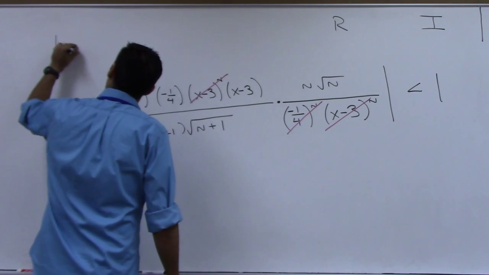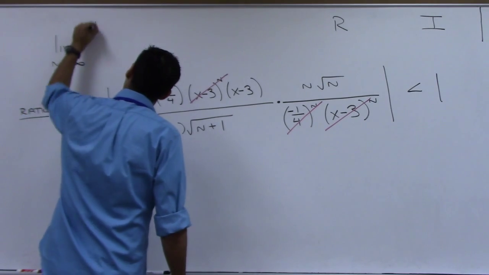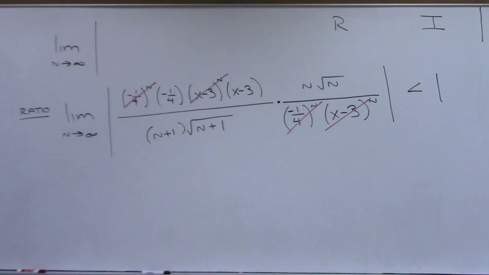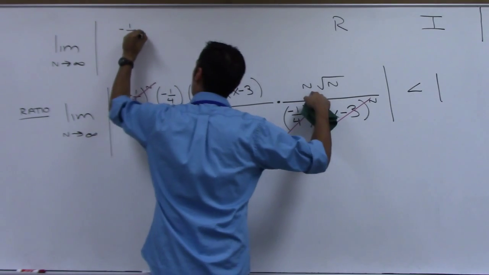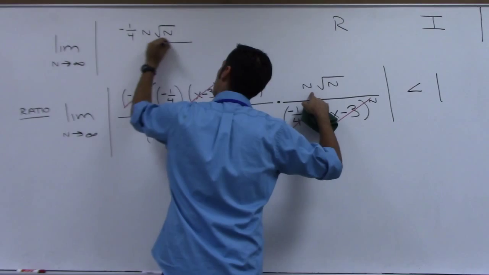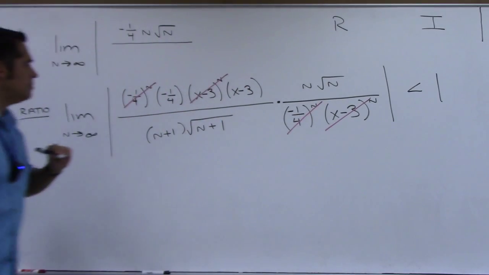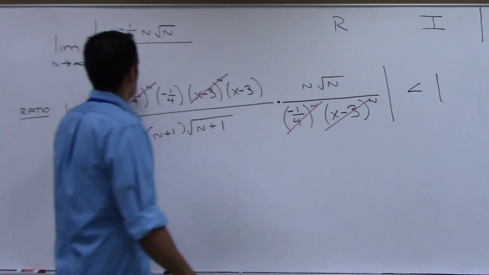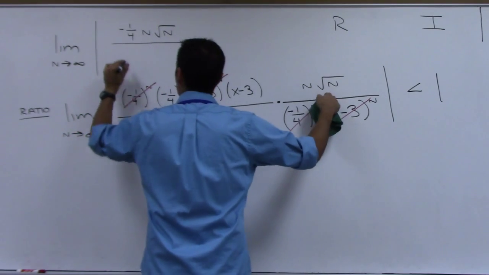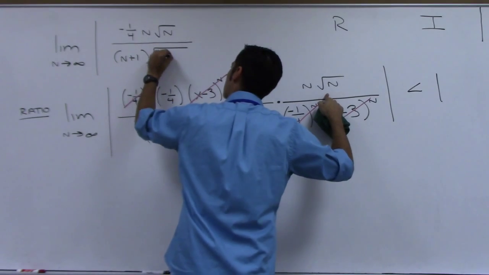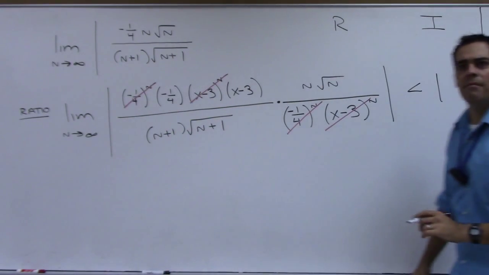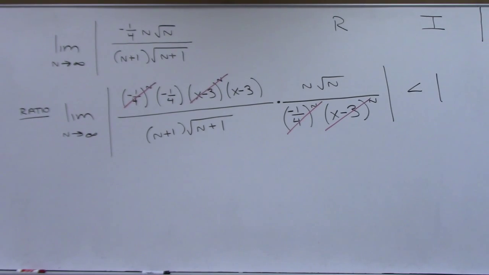Limit as n goes to infinity. What do we still have here? Do you want me to put the negative 1/4 here on top? Okay with you? N root n on the bottom. You could put these two together. You could. I'm not going to, but not because I can't. It's just, we'll see on the next step. That's all my n stuff, right?